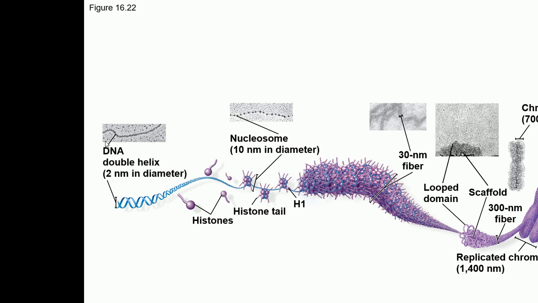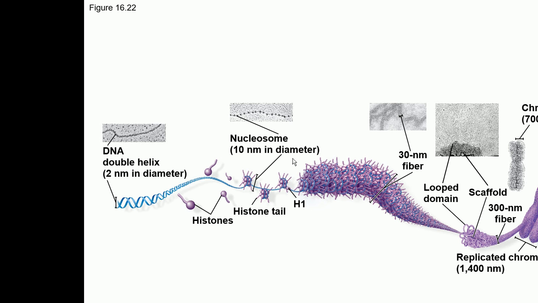So you can see this is your DNA, this is the DNA helix. It's 2 nanometers in diameter, and these are the histones, and you can see how the DNA is wrapped over these histones. Okay, and when the DNA is wrapped over the histone, it's called nucleosome, and the diameter becomes 10 nanometers. You can see how it is becoming thick.